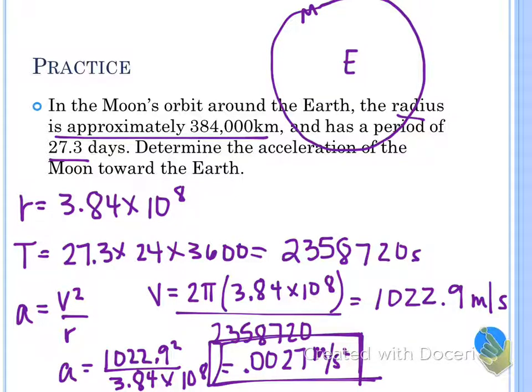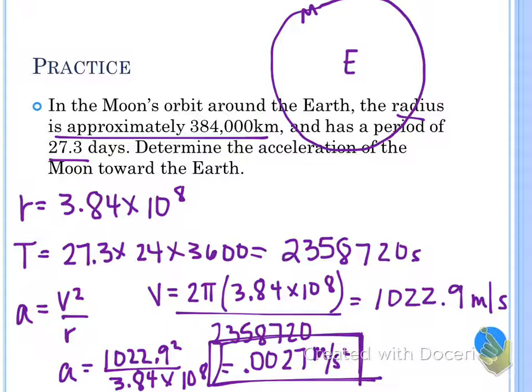Okay, so that means the moon itself is moving 1,022.9 meters per second, right? So if you're just looking at the speed in this snapshot of time, the moon, if it was released from its path, would travel in a straight line infinitely at 1,022.9 meters per second, right?